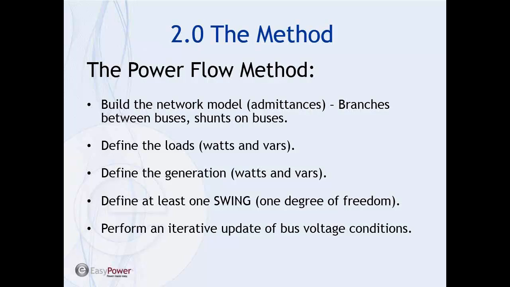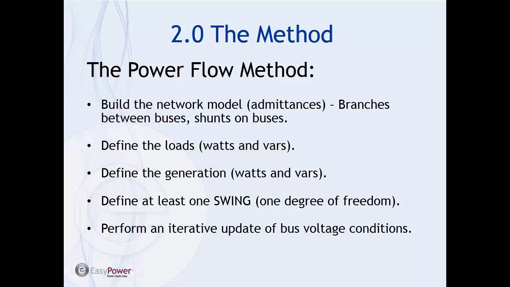Now, the Powerflow method, basically, this is what you do. You take your network model, you build it using branches, you know, the cables, lines, transformers between buses, and shunts on buses, and you build the admittance matrix out of those components. Then you define the loads, what the watts and the vars are, what the real and the reactive power requirements are by your loads.